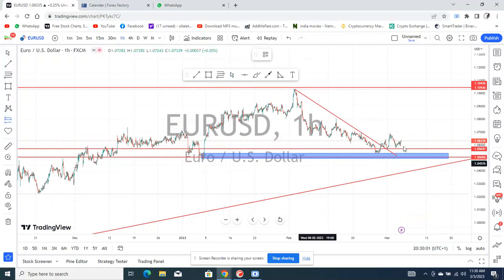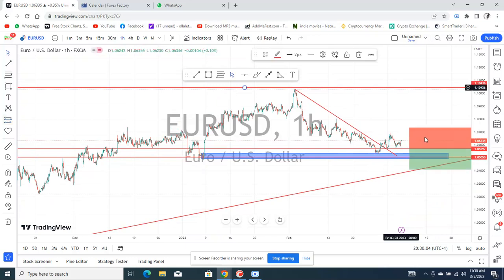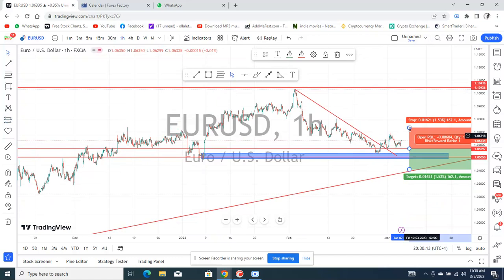Now from here, I'm expecting the price to go from here to here, even if the price is going to sell again.